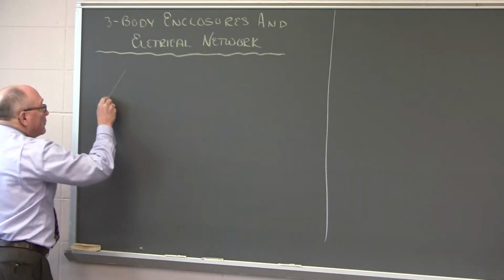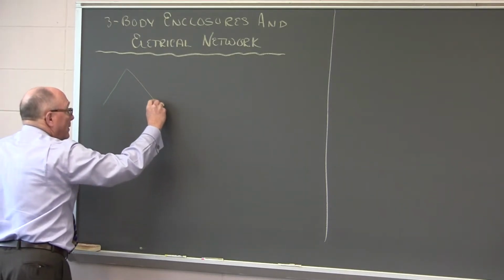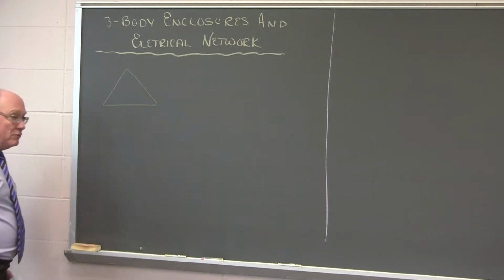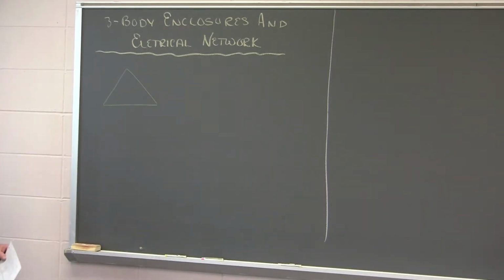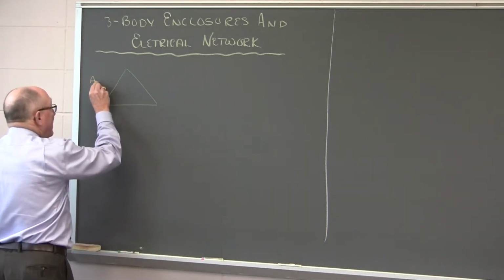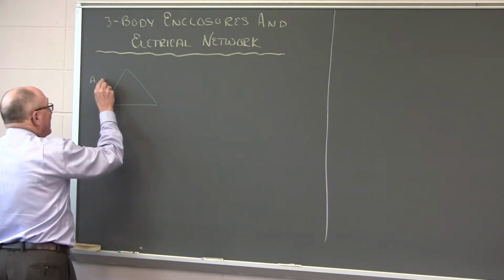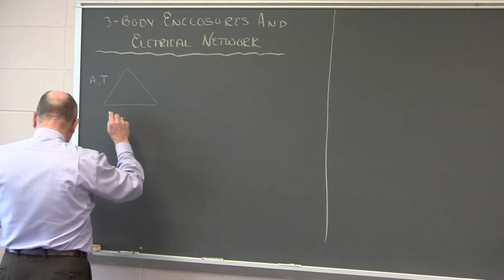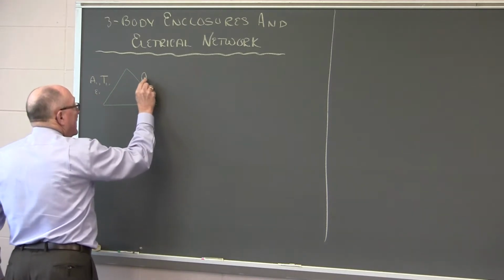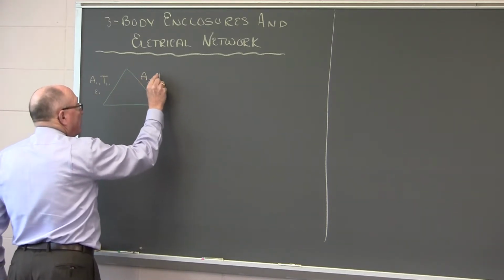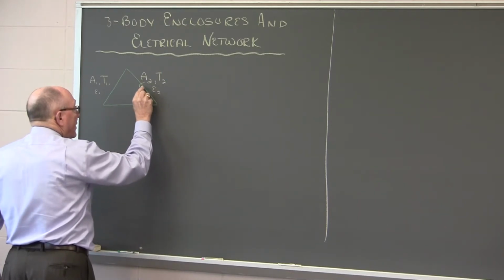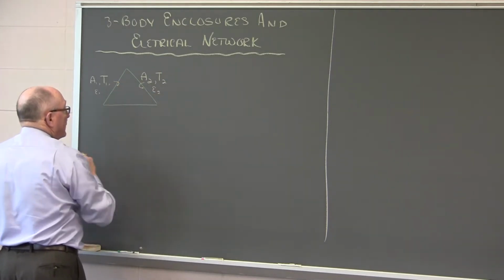One, which is quite common, is the triangular enclosure. This might be some sort of channel for flow of wires or something of this nature, where we have A1, T1, and epsilon 1. We have A2, T2, and epsilon 2, and we're talking now about the inside of these surfaces.